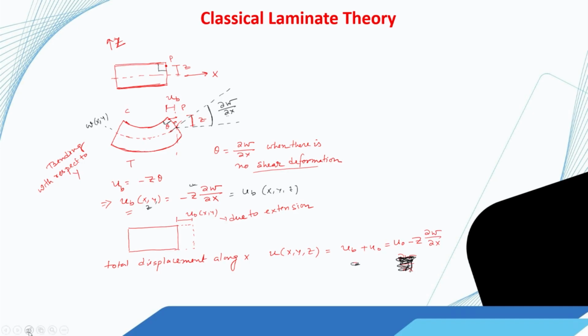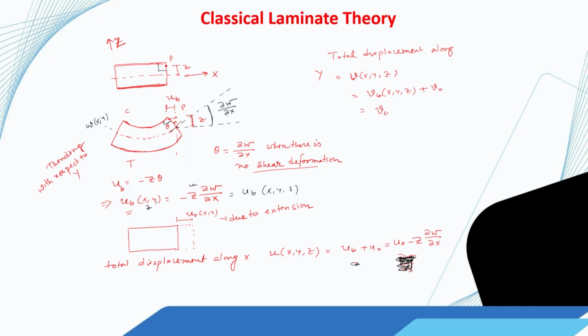Now, accordingly we can write displacement along y also as v, as a function of x, y and z, a combination of v b, which is a function of x, y and z, plus v 0.